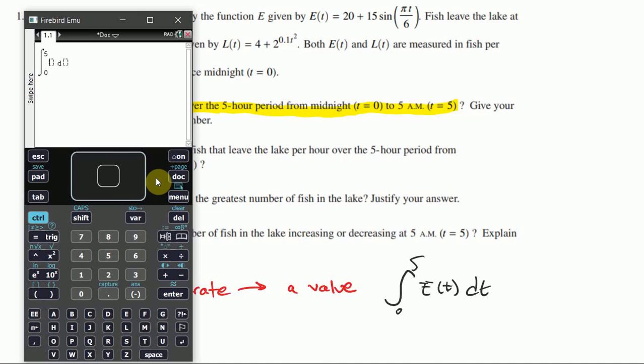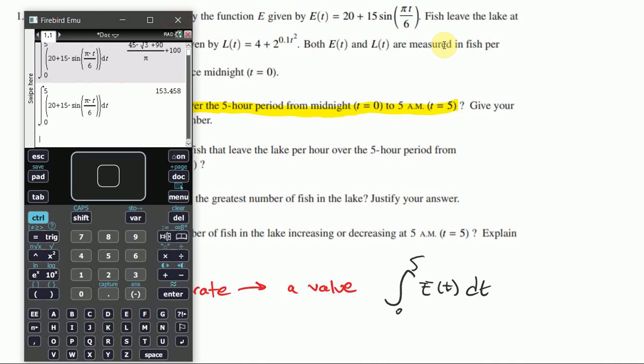And now what is E of t? E of t is 20 plus 15 times sine of pi t over 6, dt. And that gives us this value, which is 153.458.